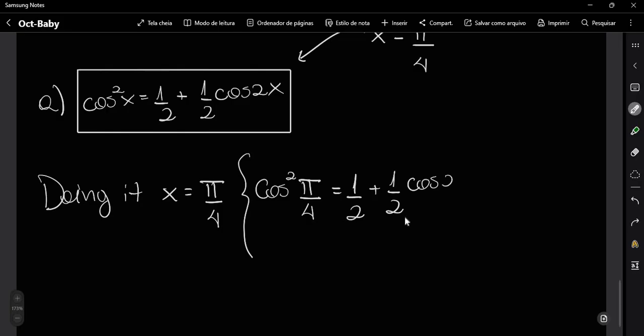Okay, so it's 2 times pi over 4, and we will be taking 1 over 2. Okay, so right here is cosine of pi over 4.